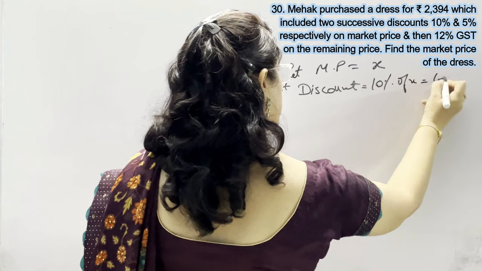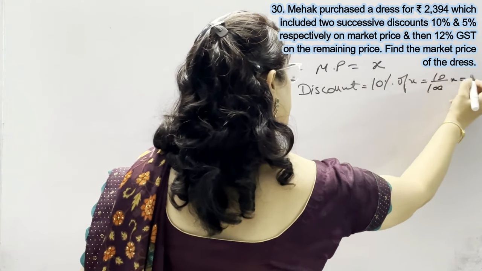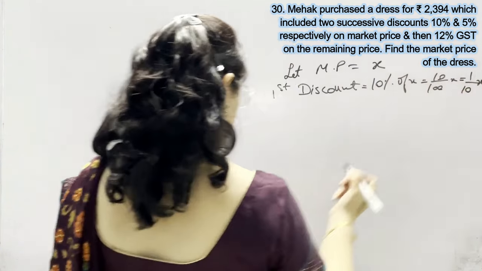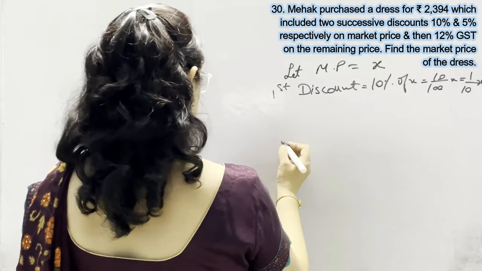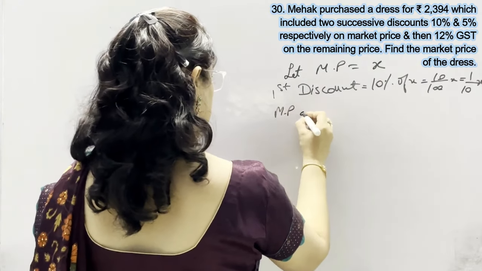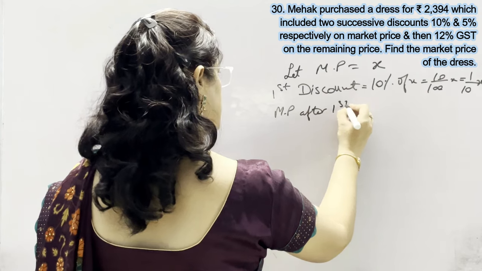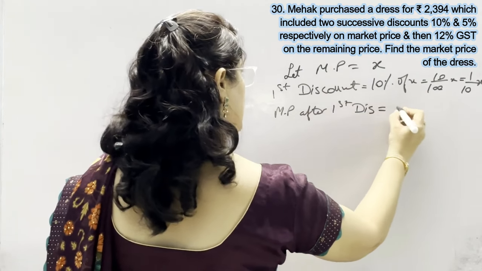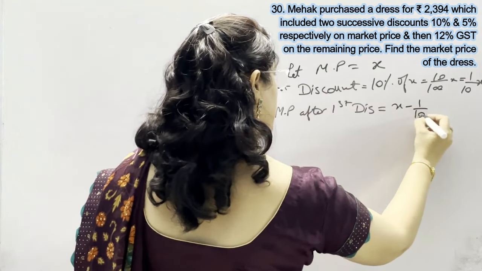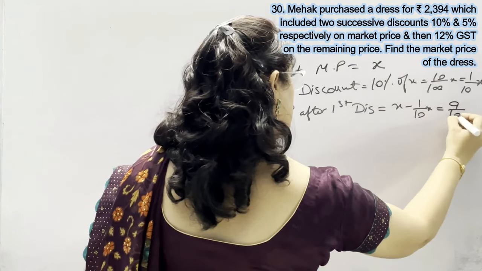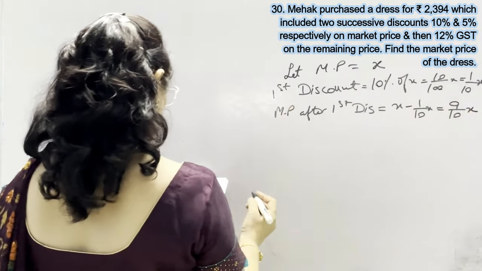So 10% of X is 10 upon 100X. It means 1 upon 10X. So mark price after first discount is equal to X minus 1 upon 10X. It means 9 upon 10X.